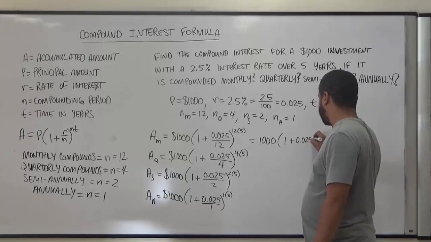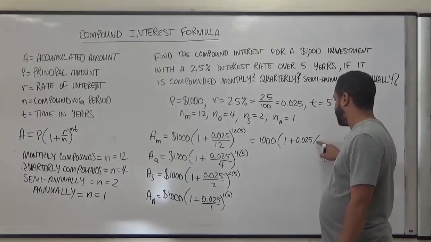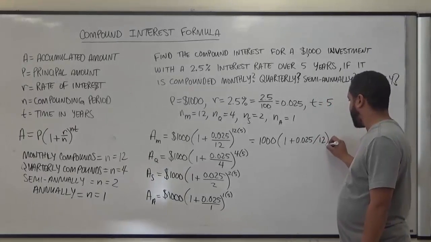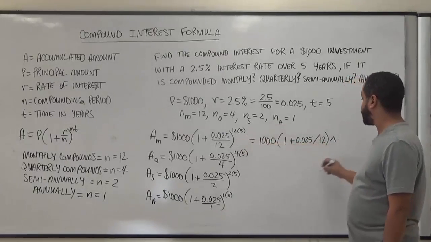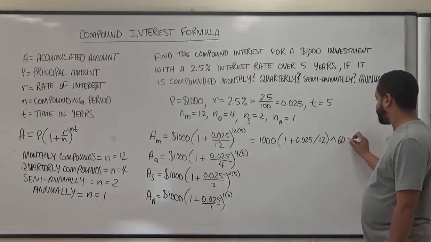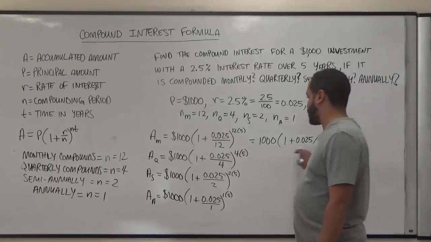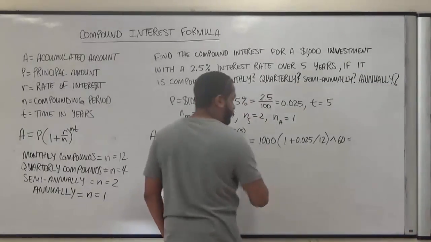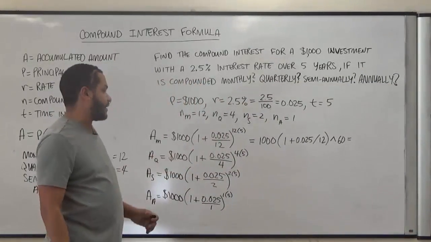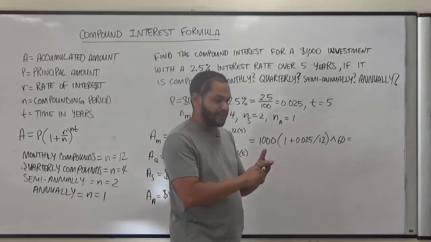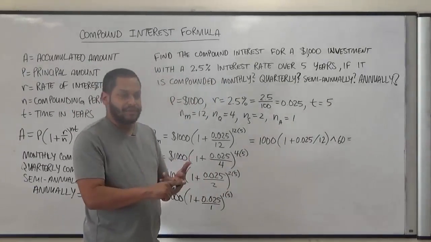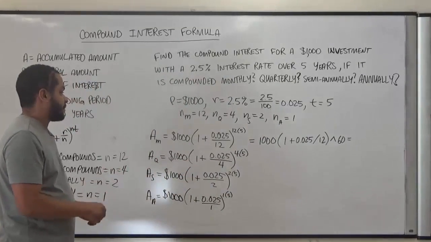And the new exponent here is going to be the power of 12 times 5, which gives us 60. All right, so this is what it's going to look like when you're typing it into your calculator. This is what it reads out as on any calculator you have, whether it's a scientific or a TI or a graphing calculator, a Texas Instruments, right?